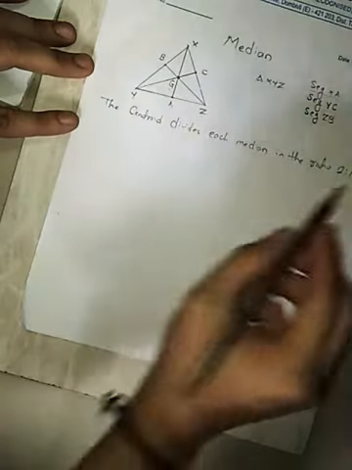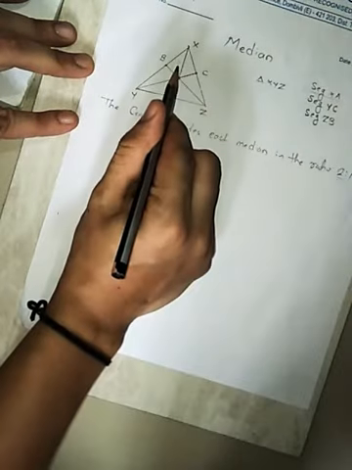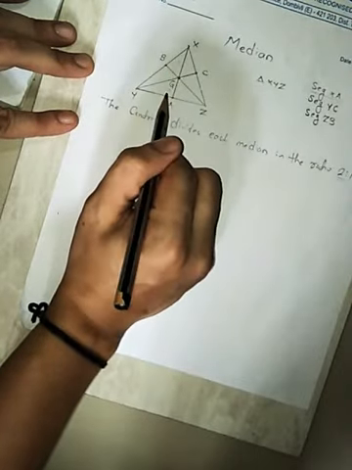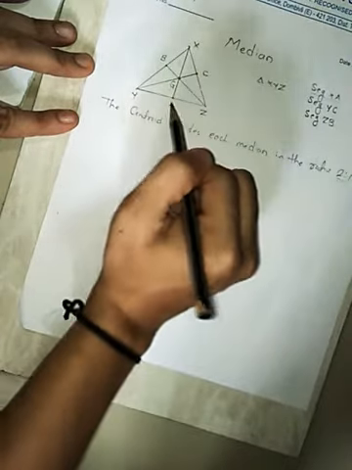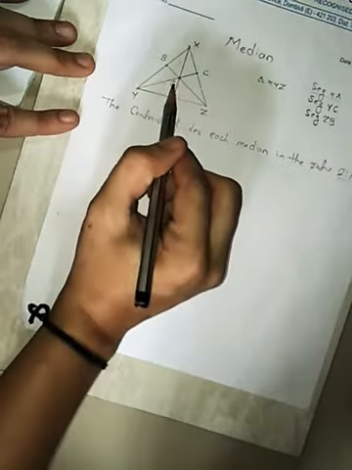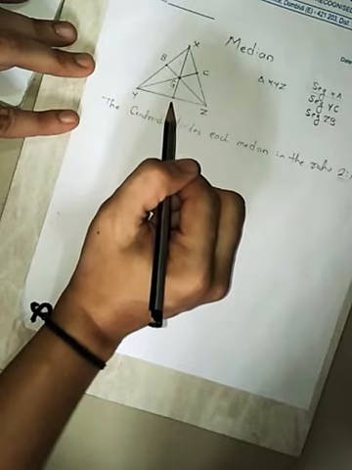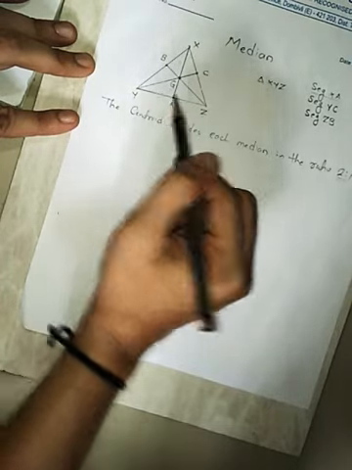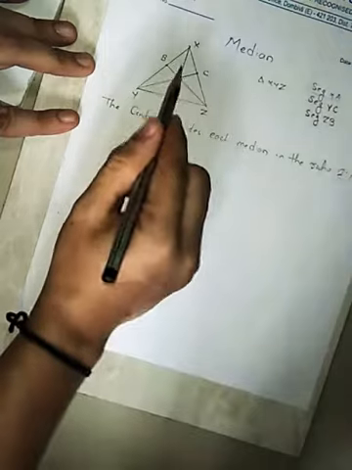Is it in units? No, it's a ratio, not 2 centimeters and 1 centimeter. If XA is 3 centimeters, you can say XG is 2 centimeters and GA is 1 centimeter. Like this we can say it is divided in the ratio 2:1.